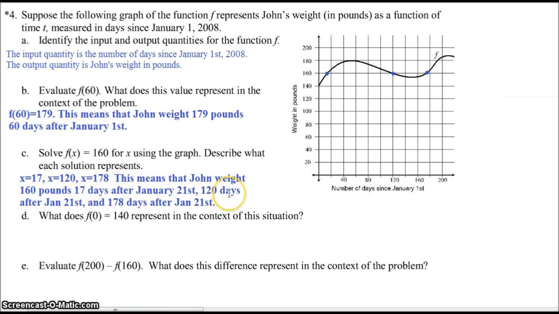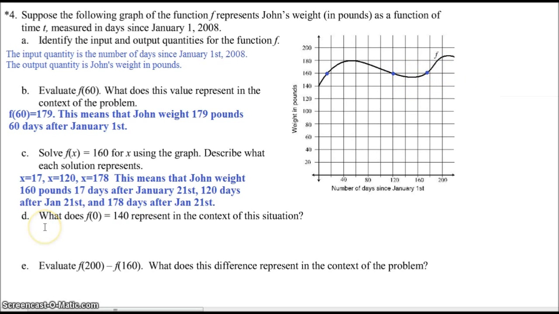This means that John weighed 160 pounds 17 days after January 1st. He also weighed 160 pounds 120 days after January 1st, and again 178 days after January 1st. We can see that his weight is changing as the days go by.